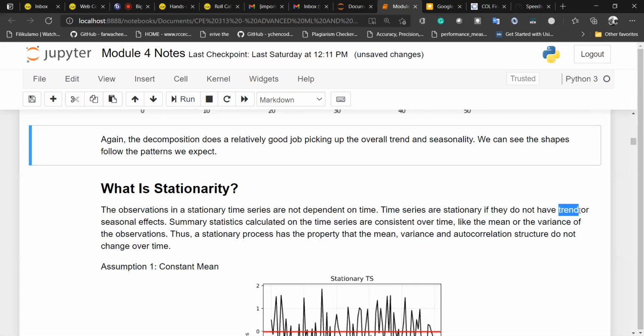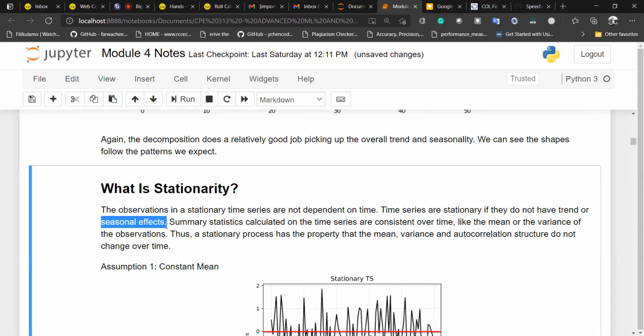Remember this: if they do not have trend or seasonal effects, the time series can be considered a stationary time series. That means it does not depend on time, and summary statistics calculated on the time series are consistent over time, like the mean or the variance of the observations.